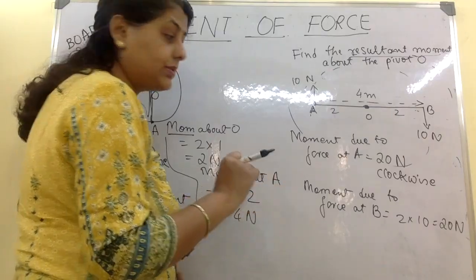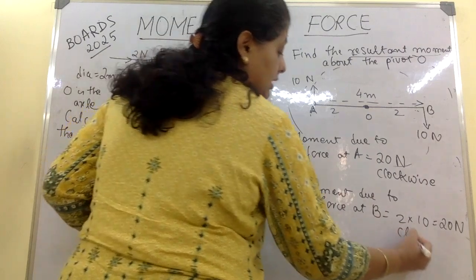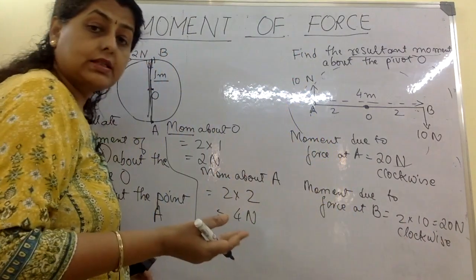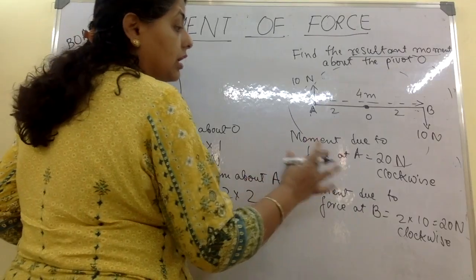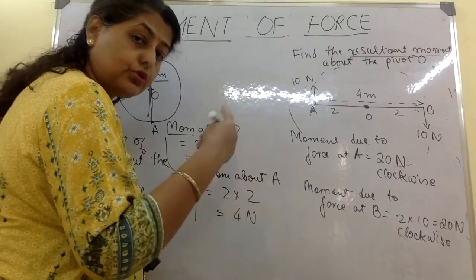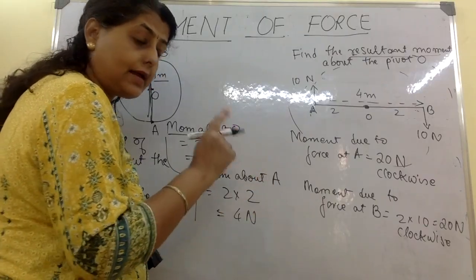That's the reason I took up this sum. So the moment of force due to force at B is 20 Newton meter, again clockwise. If so, now what is the resultant, means the total? Since both of them are in the same direction, we are not going to subtract, we are going to add.